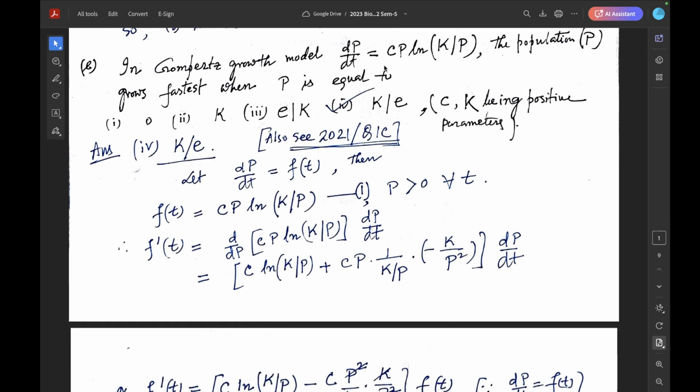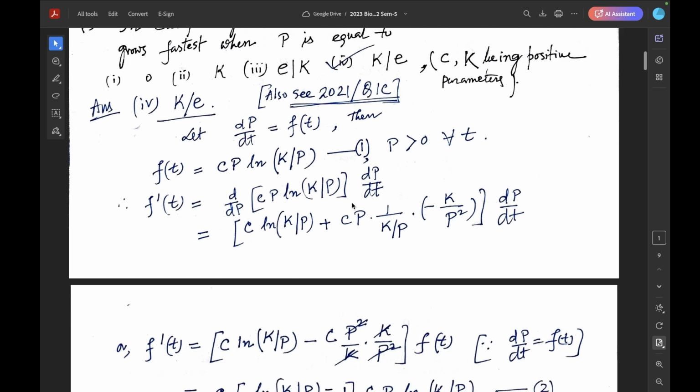Here, let f(t) equal to c p ln k by p. Then f dash t equal to d/dp of this into dp/dt.